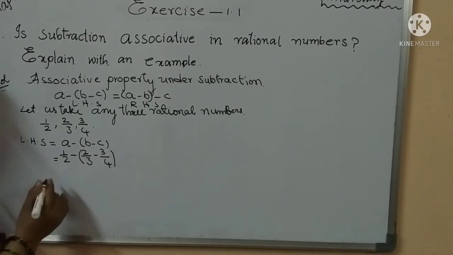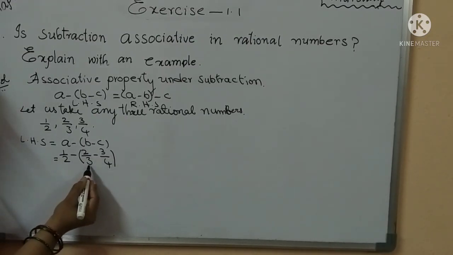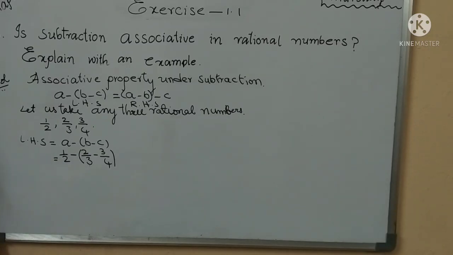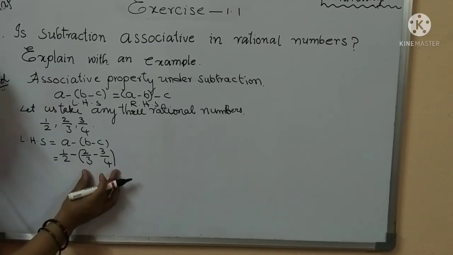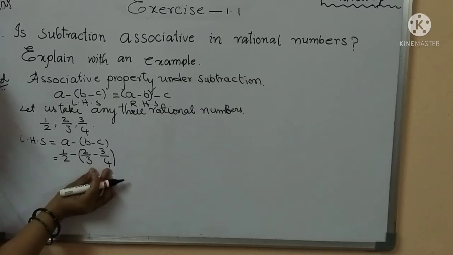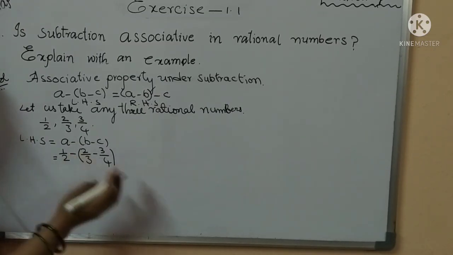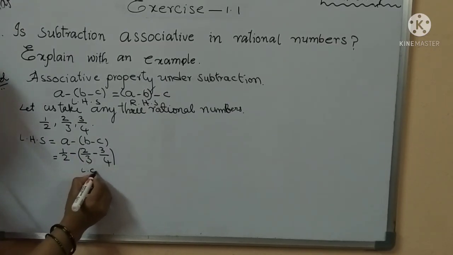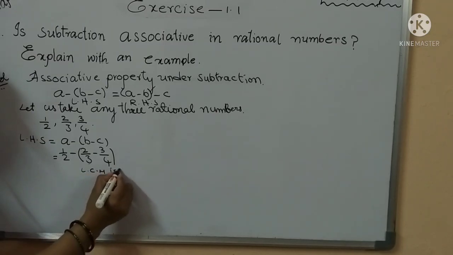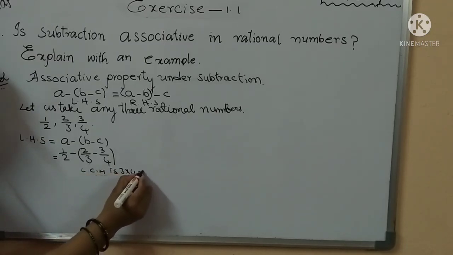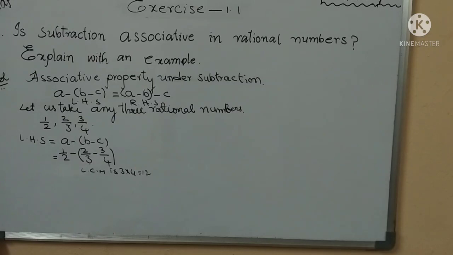Observe that 3 and 4 are two different denominators, so we take the LCM as the product of the two denominators: 3 into 4 is 12.